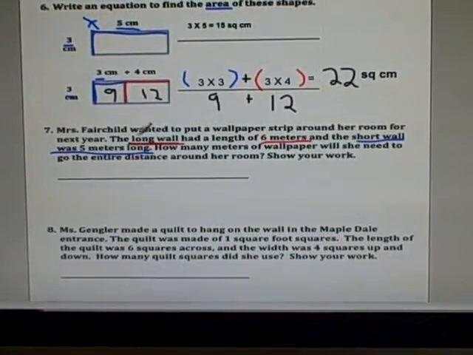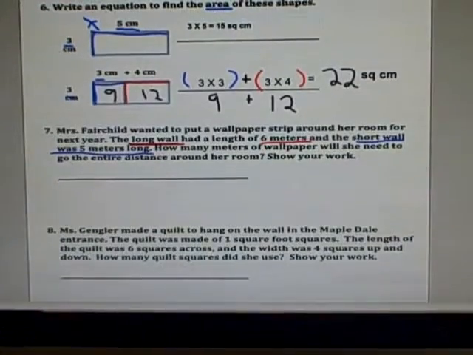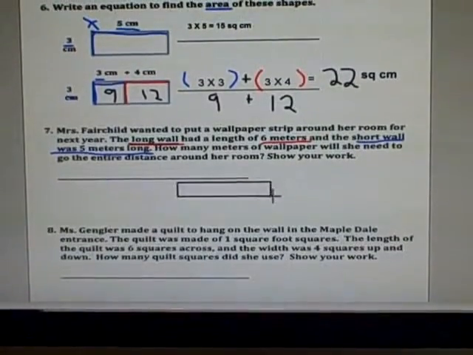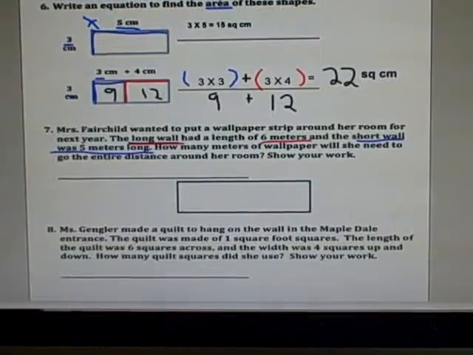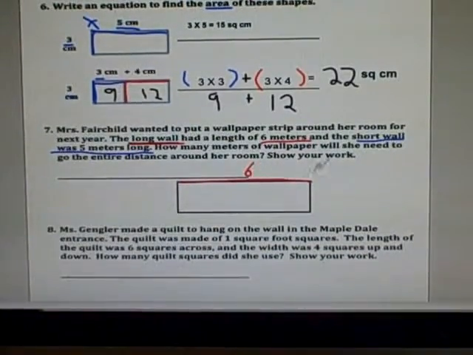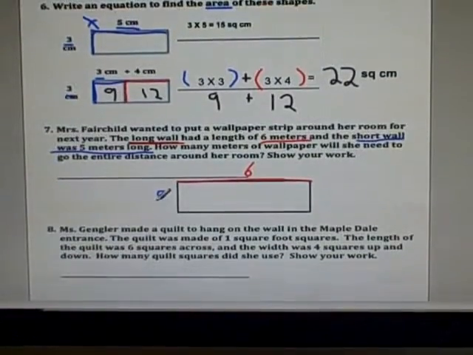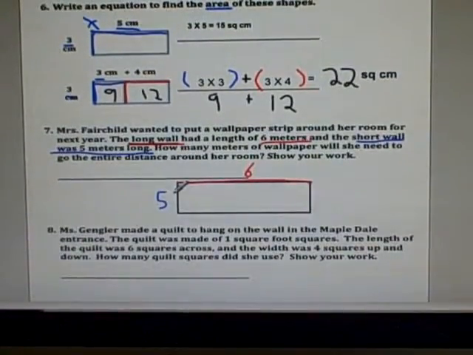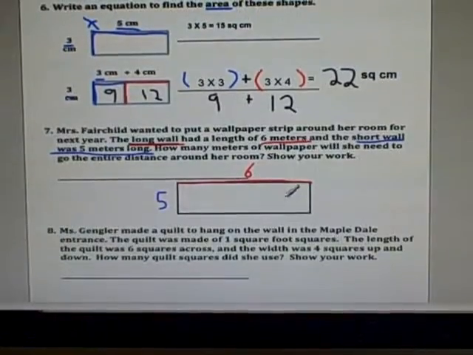Okay, so we're talking about a room. And what is a room shaped like? That's right, a rectangle. So, what is the length of the long wall again? 6 meters. And what is the length of the short wall? 5. And I know it doesn't look exactly like 5 and 6, but you know, we'll do our best, right?